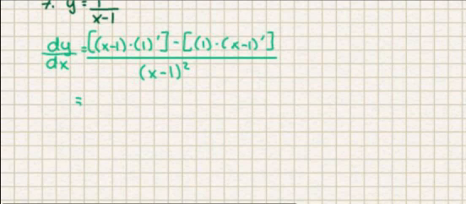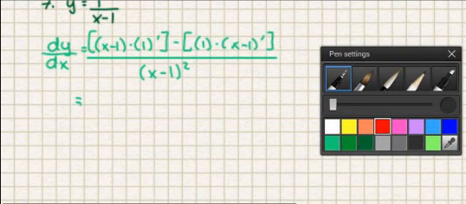So you have a constant here, and whenever you're trying to find the derivative of a constant, that just turns to 0. So this whole term is going to equal 0, because 0 multiplied by anything is 0. And for the second one, you have 1 here, and then the derivative of x minus 1 here.